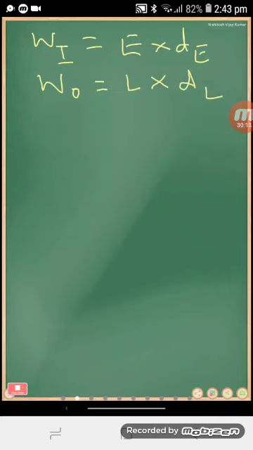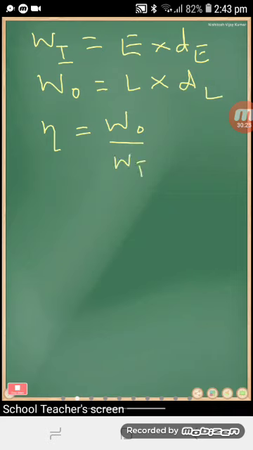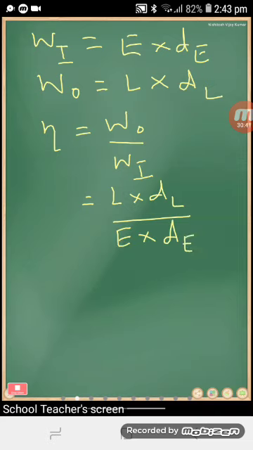Now applying the definition of efficiency. We all know that efficiency is equal to work output by work input, and therefore if we put the values, work output is L into dl and work input is E into dE.